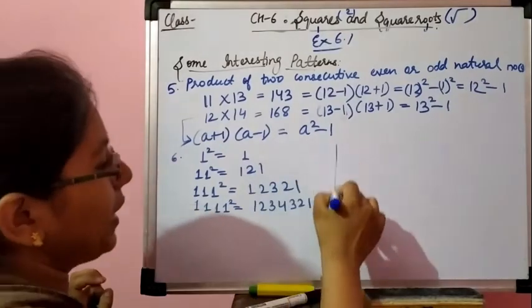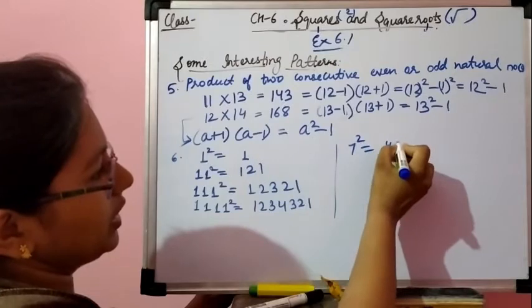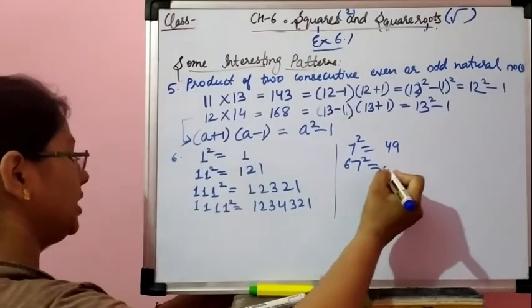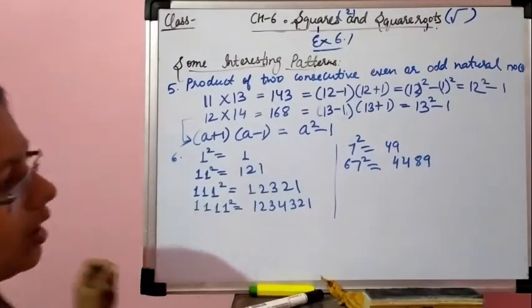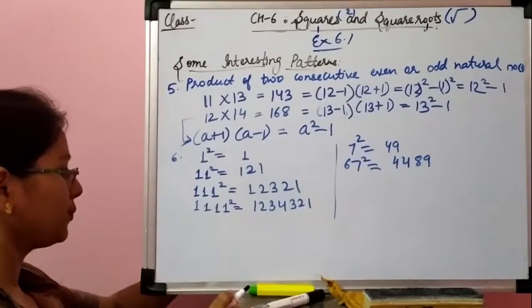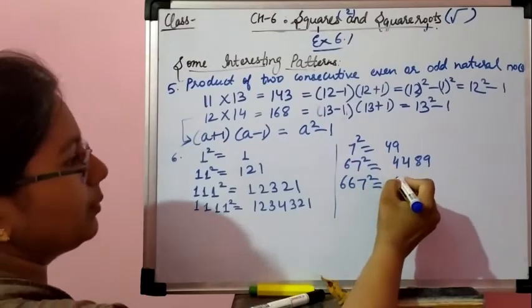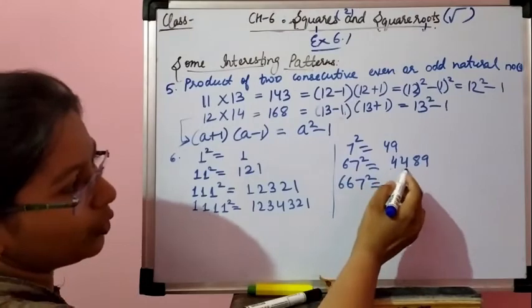Now one more pattern we can have, like 7 square is 49. 67 square will be 4489. Now how this is happening, I will explain to you. And 667 square, it will be like this: if one 6 is there, then two 4s will come.